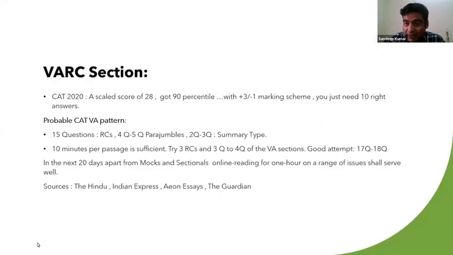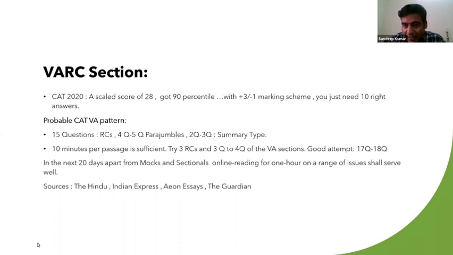Now let's look at the individual sections, the VARC section. If you look at the VARC section of last year, considering 26 questions, if a student got a scaled score of 28, his percentile was 90. A +3 -1 marking scheme means you just need to get 10 questions right.